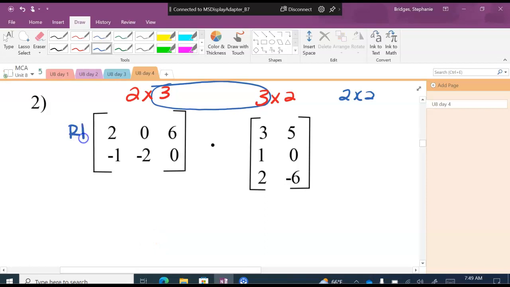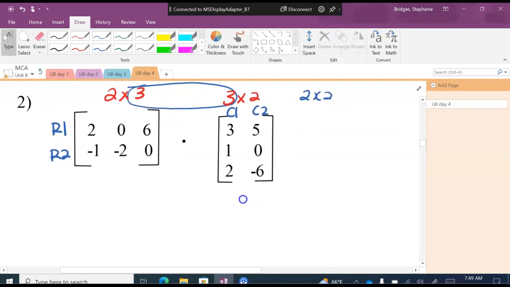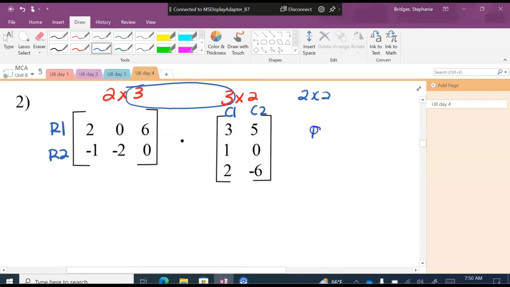We want to label our rows in the first matrix and our columns in the second matrix. And we're going to set up our little chart over here to help us keep organized. Row 1 by both columns, and then row 2 by both columns.